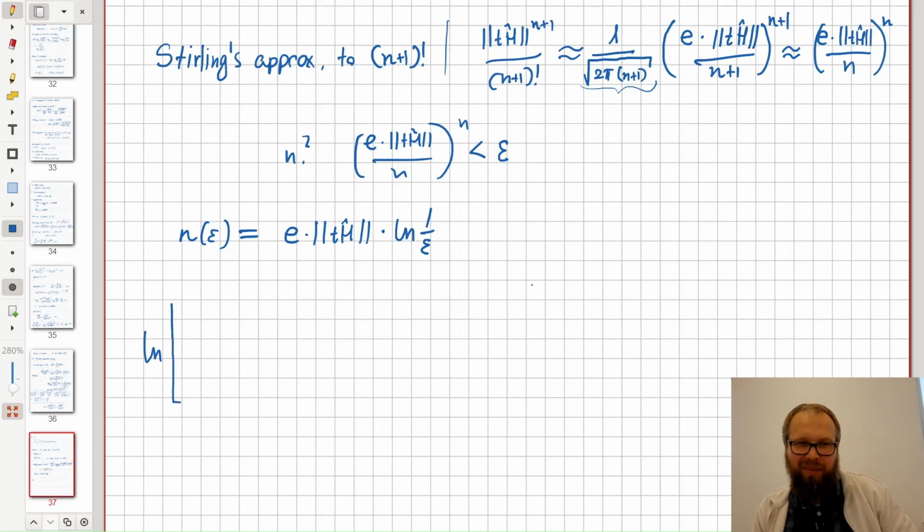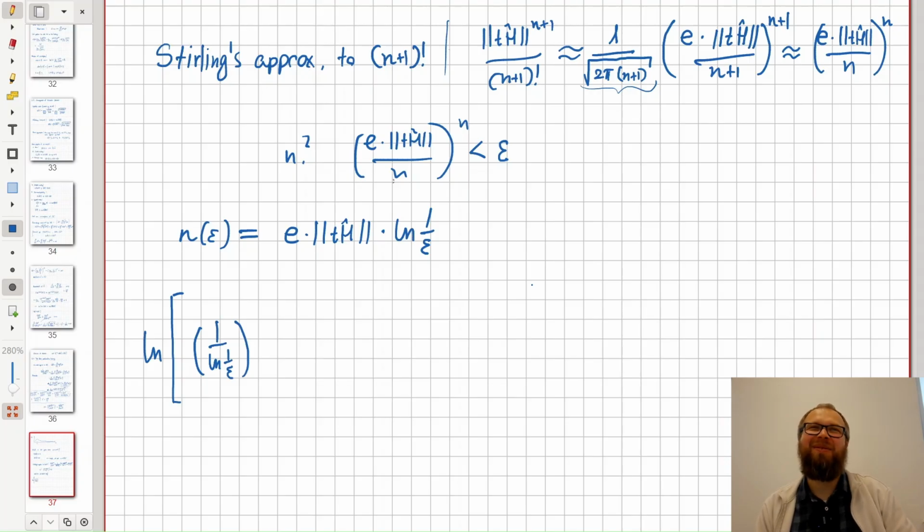Let's take logarithm of 1 over logarithm of 1 over epsilon. Okay, this is basically the denominator here, to the power e times th times logarithm of 1 over epsilon. I'm doing some calculations, okay? It will make sense.